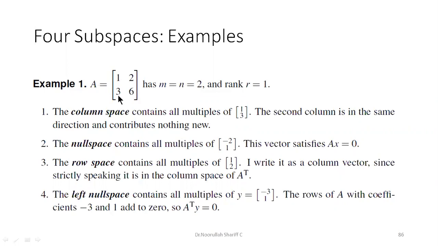You can take the second row also: 3x1 plus 6x2 is equal to 0. Both are the same. So either way, x1 plus 2x2 is equal to 0, and now I have only one free variable. If I make the free variable equal to 1, x2 equal to 1, I get x1 plus 2 into 1 equal to 0.